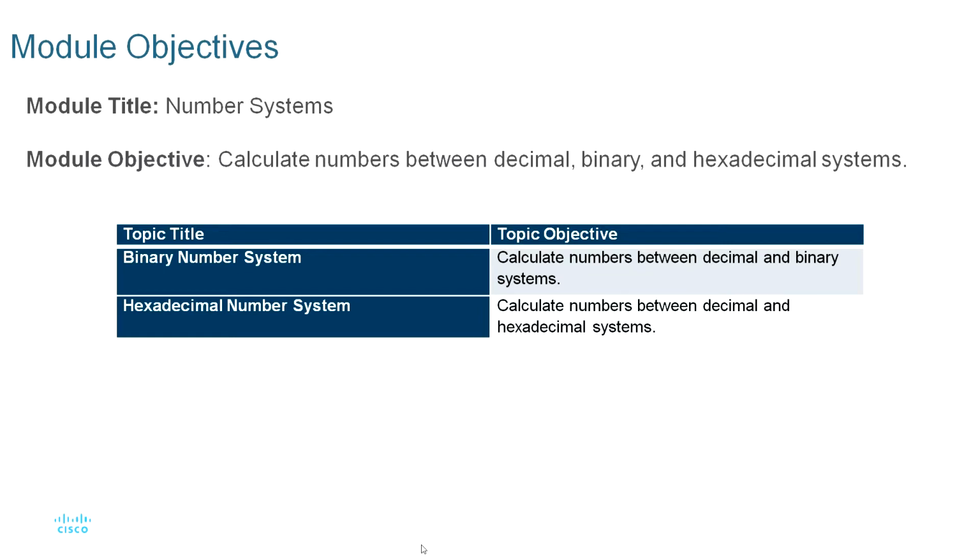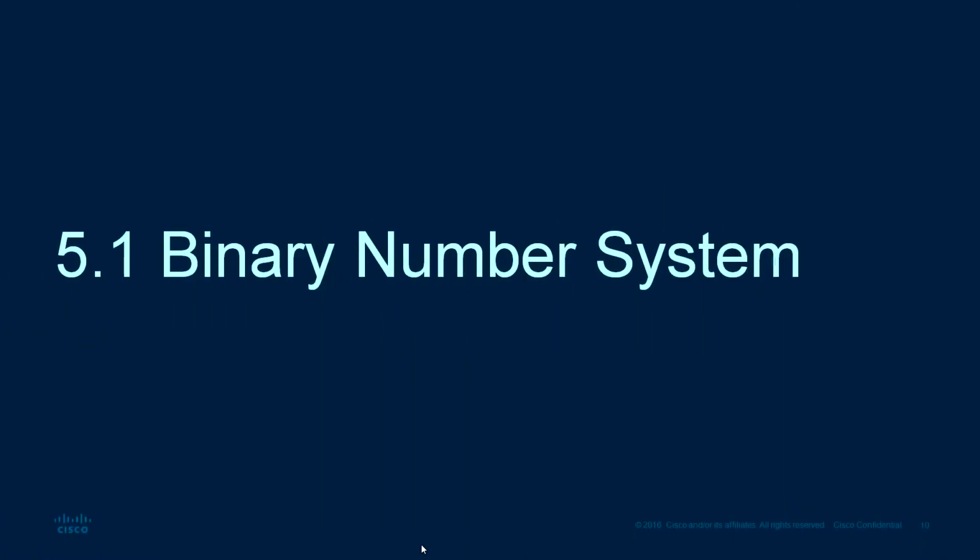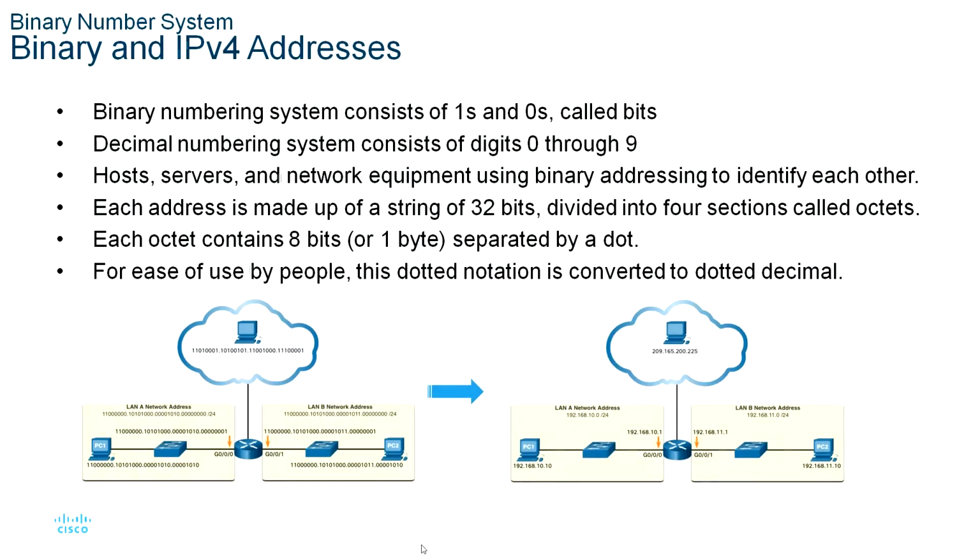Now you can see the first topic in the binary number system, binary and IPv4 addresses. IPv4, Internet Protocol version 4, addresses begin as binary, a series of only ones and zeros. These are difficult to manage, so network administrators must convert them into decimal.